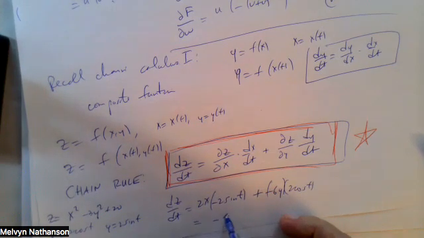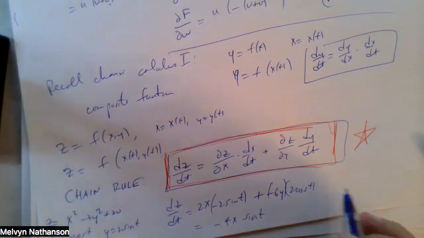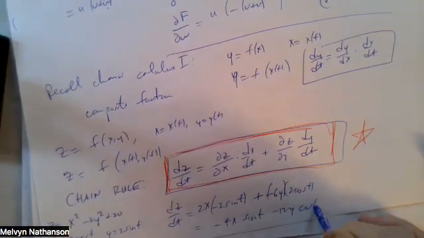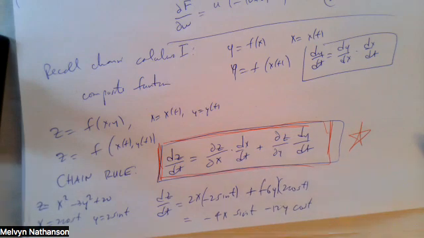So we get minus 4x sine t minus 12y cosine t. Right? That's the chain rule.